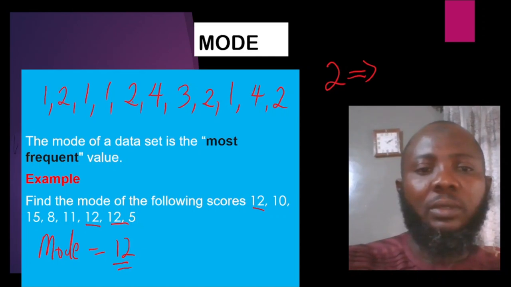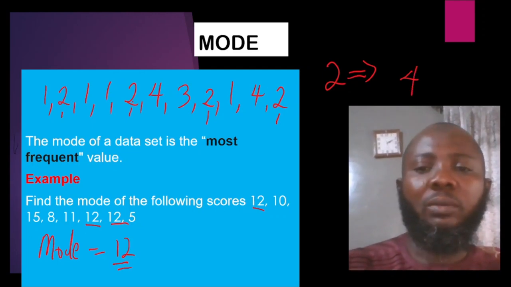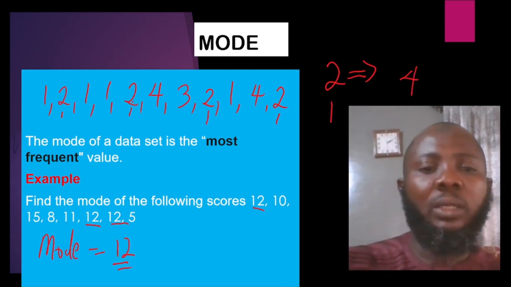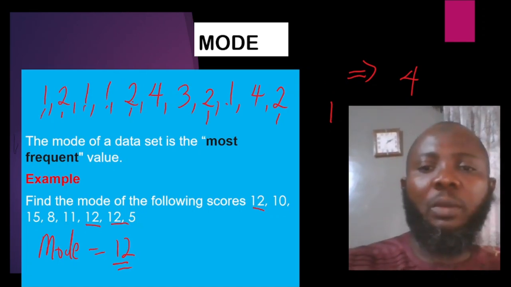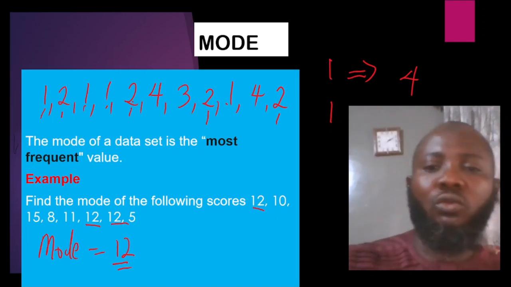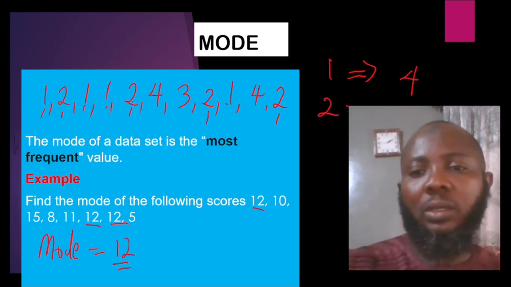Let's count. 1, 2, 3, 4. It appears 4 times. Then 1 as well, how many times does it appear? 1, 2, 3, 4. 1 also appears 4 times. 2 appears 4 times as well.